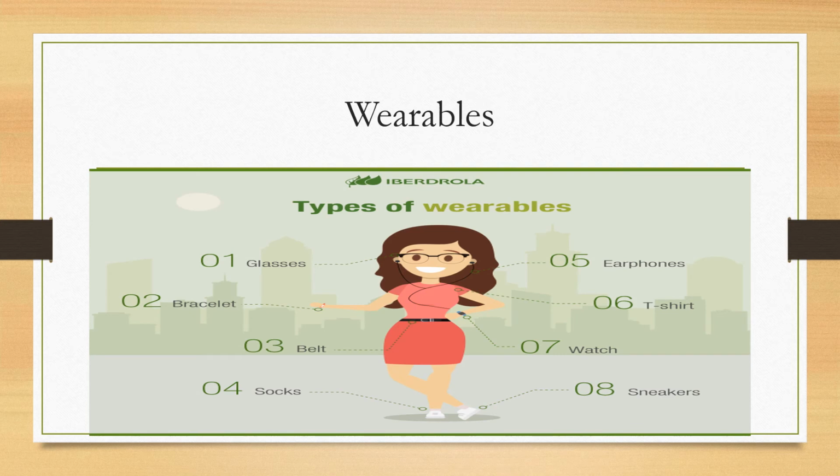Wearables devices. So the well-known term wearables includes smart clothing, as we can see in the figures, and accessories such as wristbands, glasses, watches to monitor and collect information on our health and physical condition.